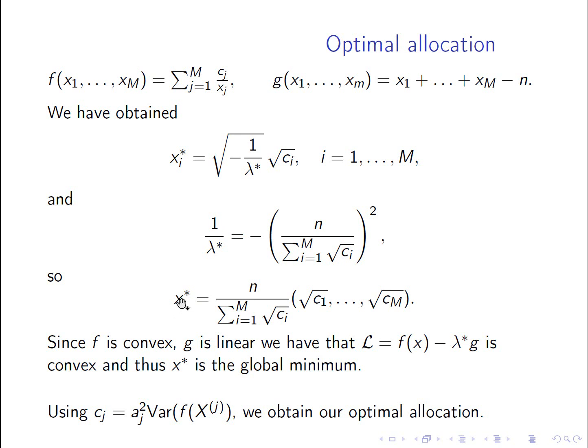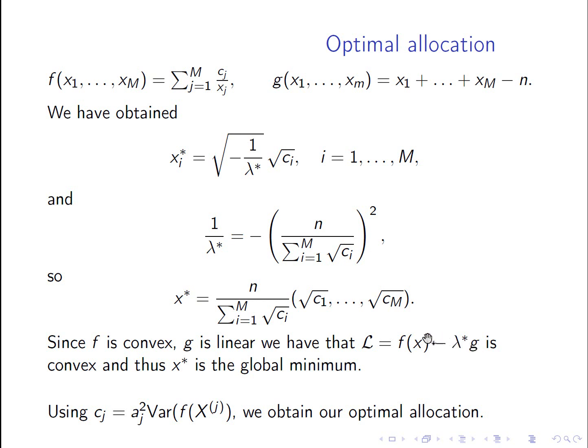So these are now x star as a candidate for the minimum. We still need to check whether our curly L is convex, but this is now easy. Our f is convex, so 1 over x is convex, and also this multidimensional analogue is convex. And g is linear, so it's convex and concave at the same time, and also minus lambda star times g is convex and concave at the same time.